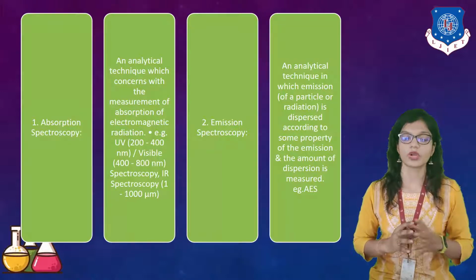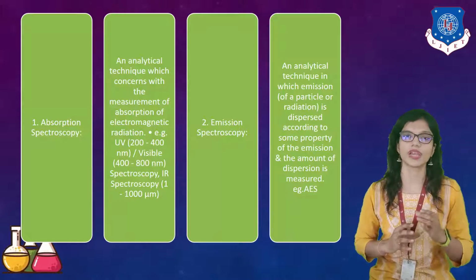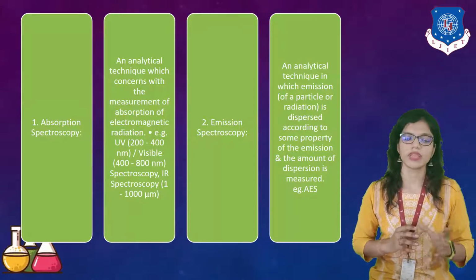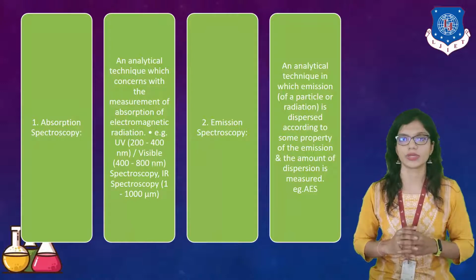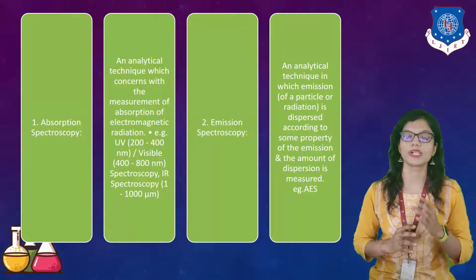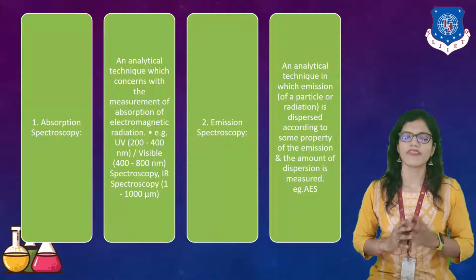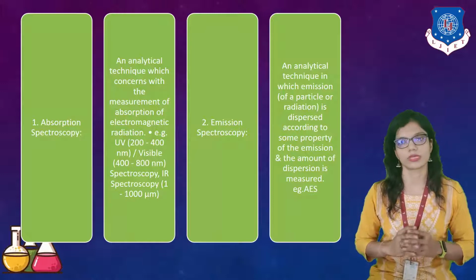Now let's say for example, UV, that is the ultraviolet range, will go from 200 to 400 nanometers. Then we have the visible region, which ranges from 400 to 800 nanometers. Depending upon that, it is known as UV visible spectroscopy. And we have IR. IR ranges from 1 to 1000 micrometers.